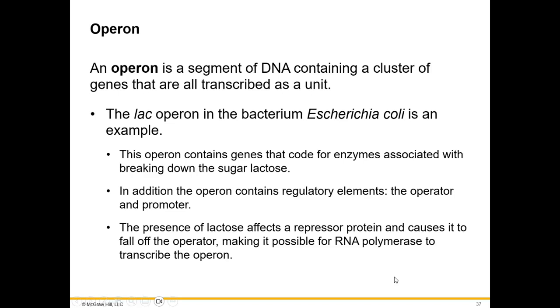The presence of lactose is going to affect a repressor protein and cause it to fall off the operator, which is going to make it possible for RNA polymerase to then transcribe the operon, which is the group that's being transcribed together.